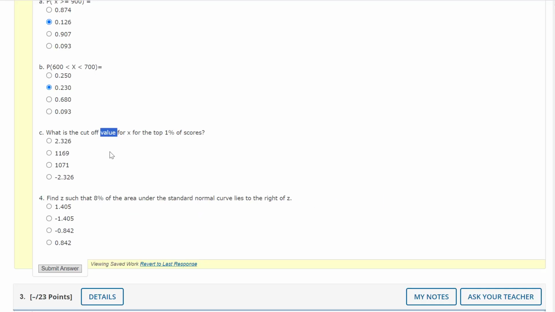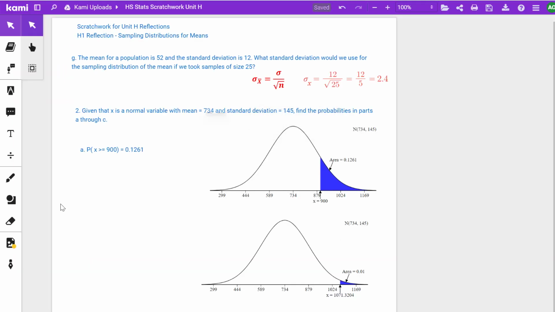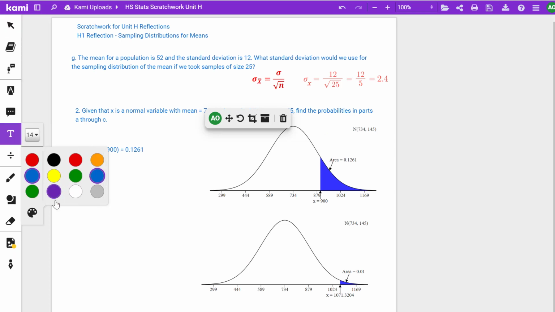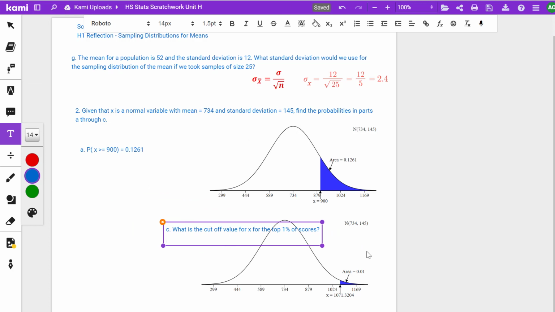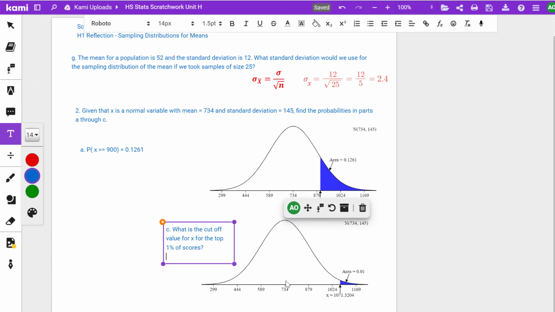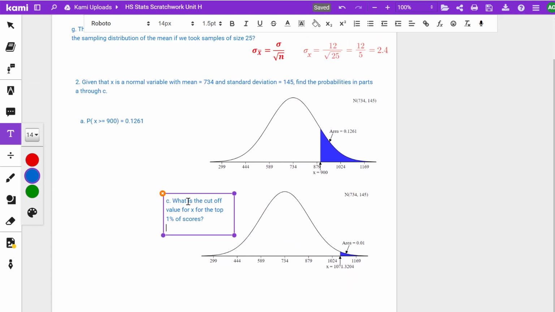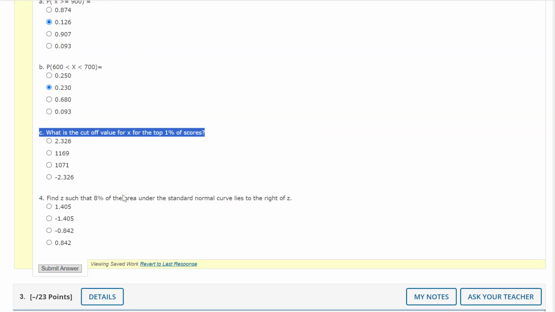I'll go ahead and copy this problem just so you know what it is. That's part C right there. And I skipped part B, but that was pretty straightforward.